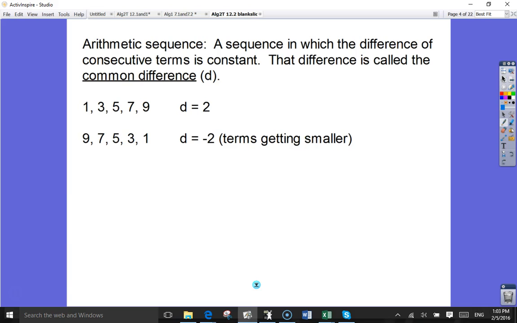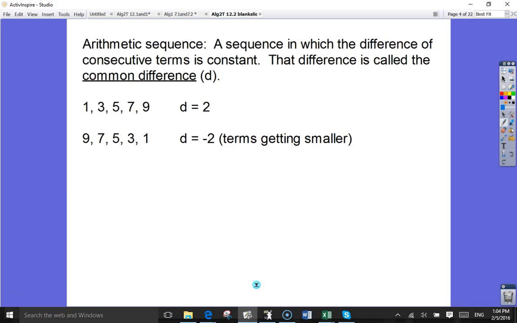What does the word consecutive mean? Yeah, in a row, one after the other. Difference means subtraction. So just to be clear, when it says common difference, it means you subtract the first term from the second, not the second from the first.